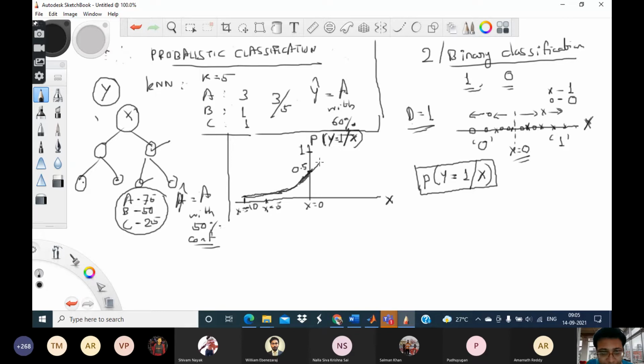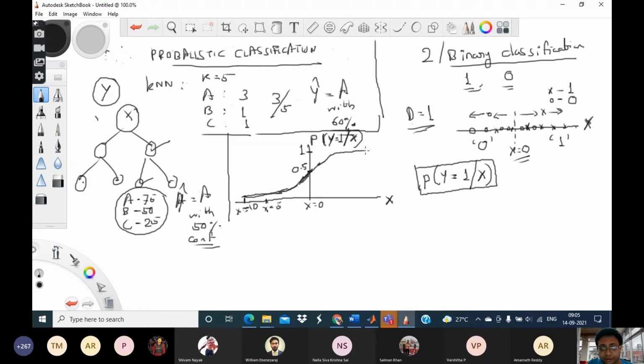So as I increase x beyond the threshold, the probability of getting y equal to 1 keeps on increasing, and then it tends towards 1.